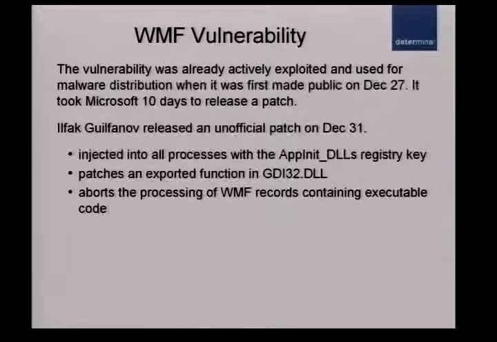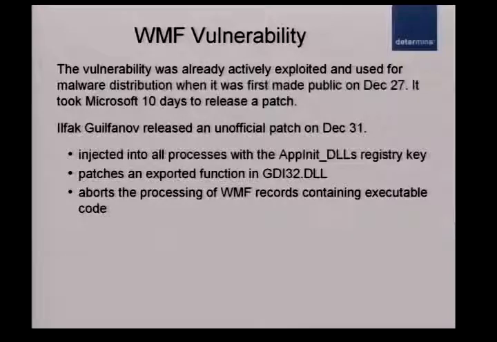So it took Microsoft 10 days to release a patch after the initial reports of the vulnerability. Ilfak Guilfanov released his on December 31st, beating Microsoft by about a week. His patch consisted of a small DLL that was loaded into all processes using the AppInit_DLLs registry key. This little piece of code loaded GDI32, patched an exported function in it, and this function, the exported function that he patched, was responsible for handling the WMF records that contained the arbitrary code.